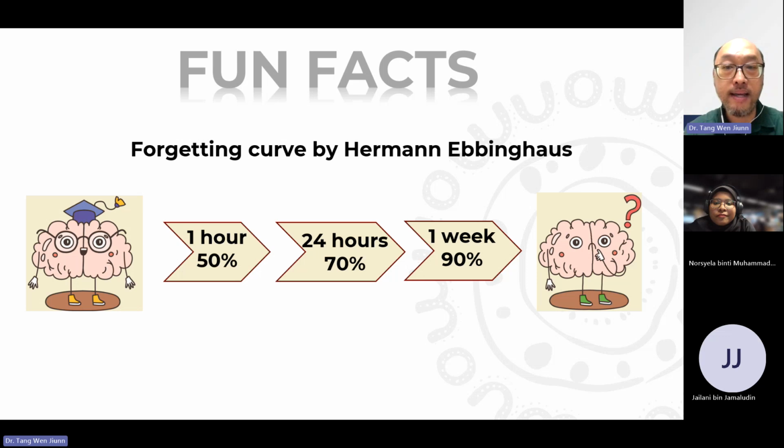So by knowing this information, we have to keep in mind that we have to always ask our students to revise, or we give them revision. Sometimes, after several topics, we do a pop quiz, or we test them on the previous things, because repetition will retain the information longer.